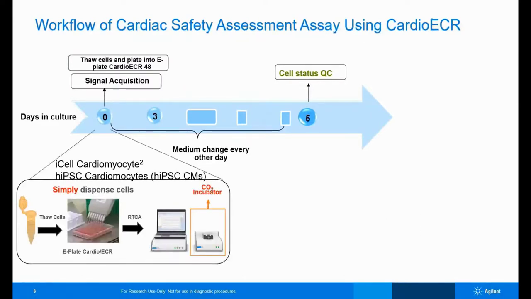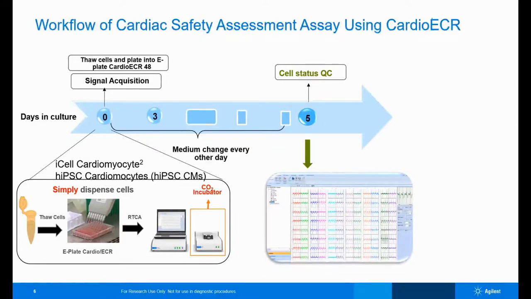In a typical experiment, on day 0 we seed the cells directly into our CardioECR plate, and the plate is then engaged in this plate reader, which is placed in the incubator all the time. The cell performance is monitored right after cell seeding. Before compound addition, we do this cell status QC.